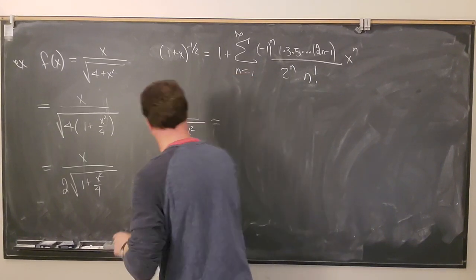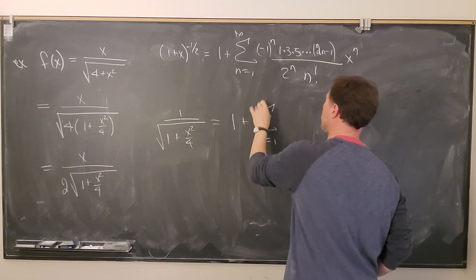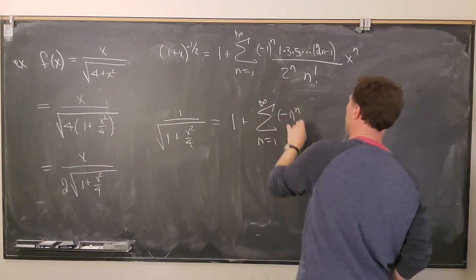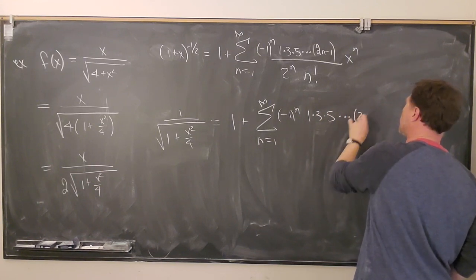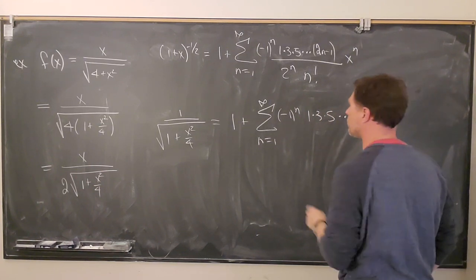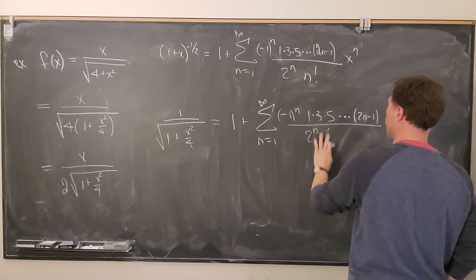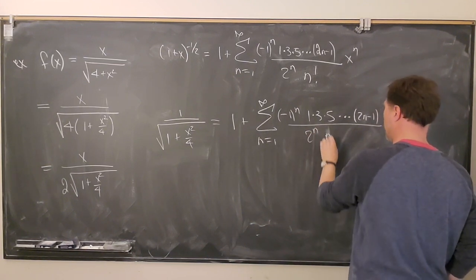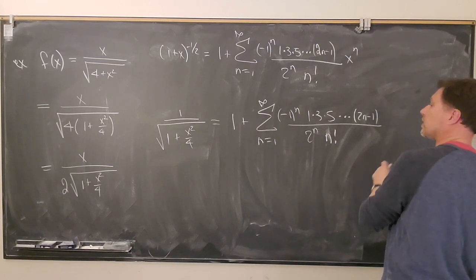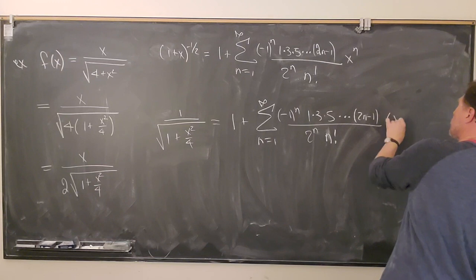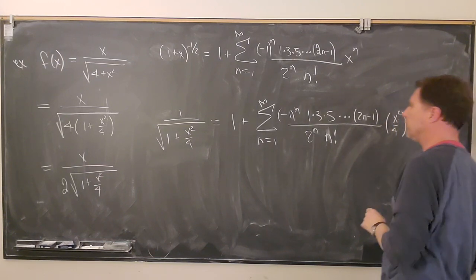That's going to equal 1 plus the sum n equals 1 to infinity minus 1 to the n, 1 times 3 times 5 dot dot dot 2n minus 1 over 2 to the n n factorial times, if I substitute, x squared over 4 raised to the n.